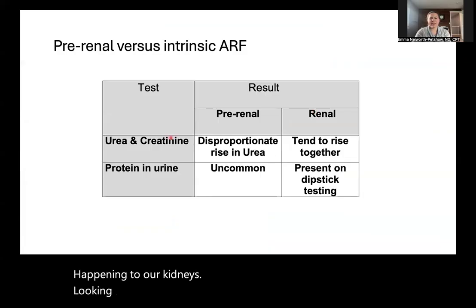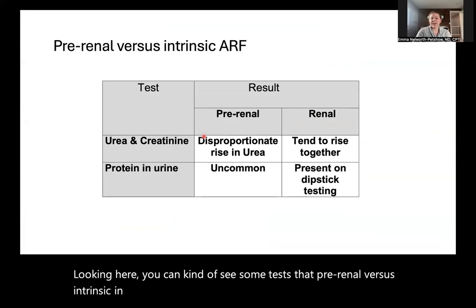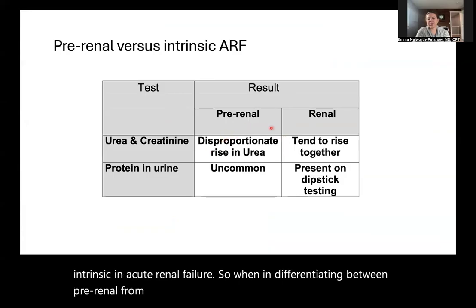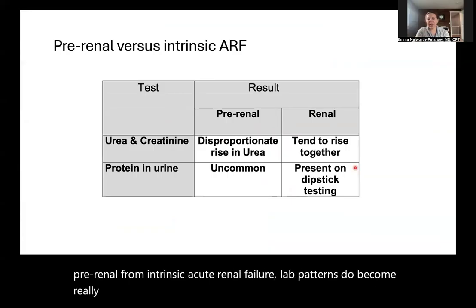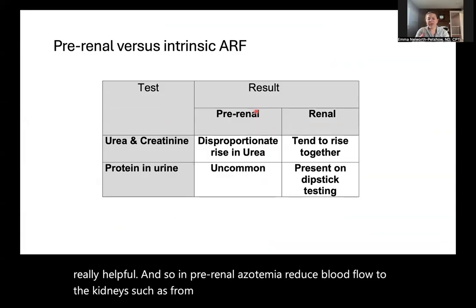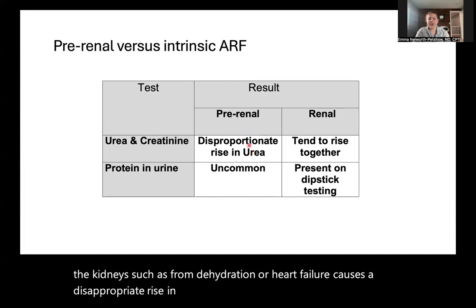Looking here, you can see some tests, the pre-renal versus intrinsic in acute renal failure. When differentiating between pre-renal and intrinsic acute renal failure, lab patterns become really helpful. In pre-renal azotemia, reduced blood flow to the kidneys, such as from dehydration or heart failure, causes a disproportionate rise in urea compared to creatinine.